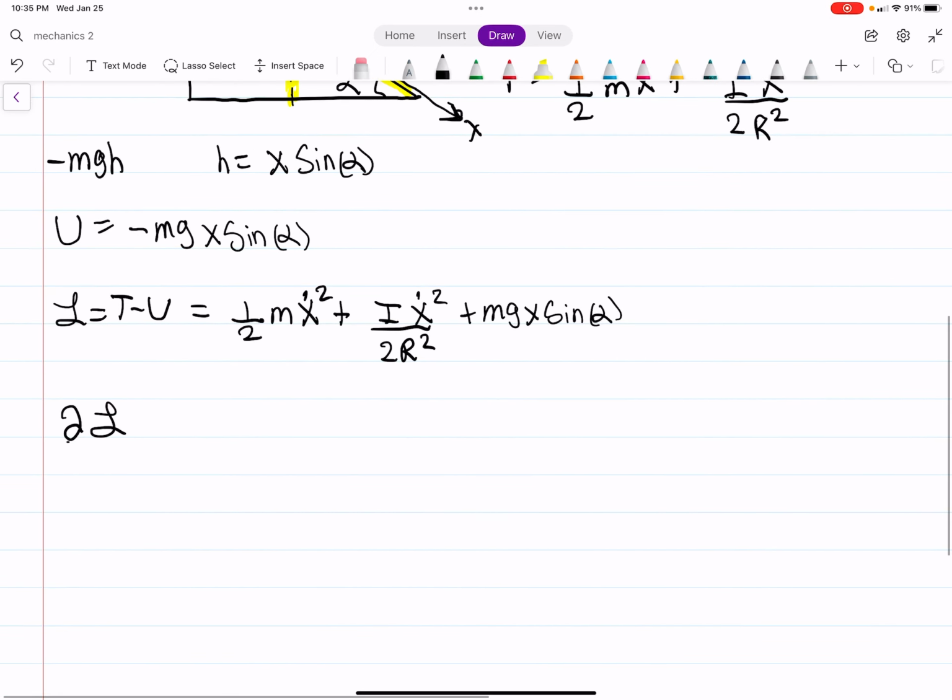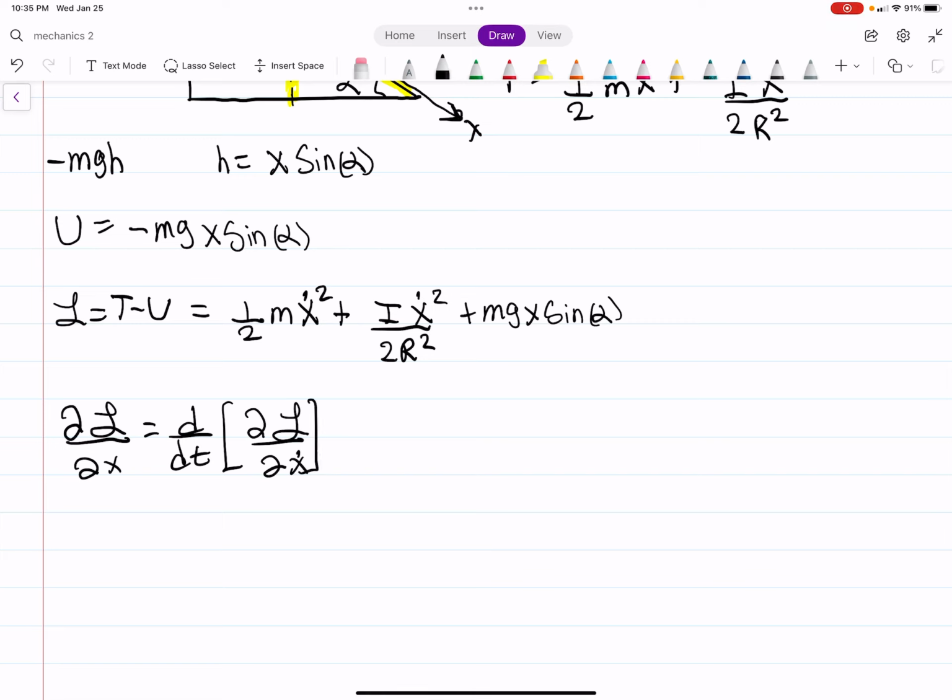So Euler-Lagrange tells us this. This is the Euler-Lagrange equation, and this is kind of the equation we're working towards. On the one hand, if we take the derivative of our Lagrangian with respect to x, well, that's pretty easy. You just get mg sine alpha. And then we need to take the time derivative of the derivative of our Lagrangian with respect to x dot. So that's going to be m x dot plus I x dot over r squared.